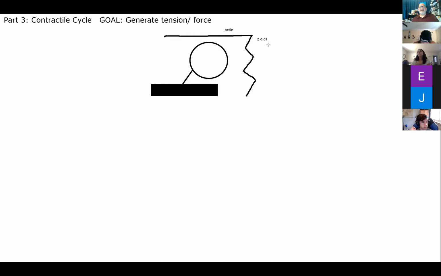Notice I have my myosin head here. Actually, that's huge. Pointing away from the M line. So of course, this means it must be a primed myosin head. Which means that it's already split an ATP into ADP, into phosphate, and into energy. Ready to use that energy, ready to do its work.